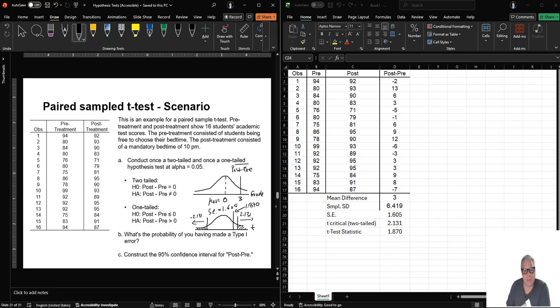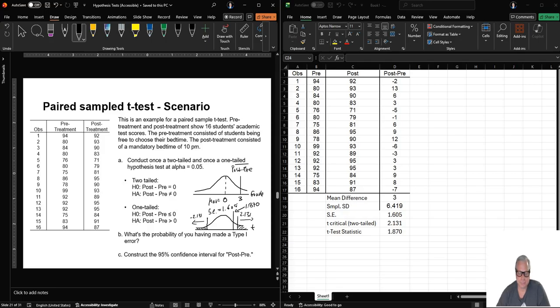So what happened is we said we want to conduct a hypothesis test at an alpha of 5%. So what that means is we would reject the null hypothesis if our sample has less than a 5% probability of coming from a population with a hypothetical mean of 0.